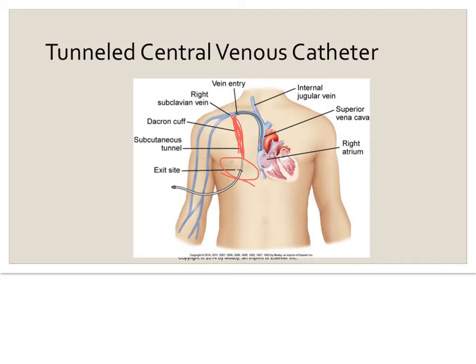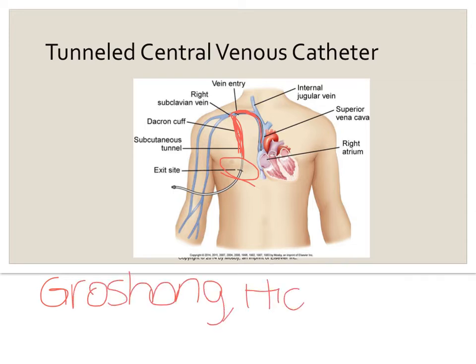So much of the catheter is actually under the skin, and then it actually, in this picture, enters the subclavian vein right here, and then it'll rest just outside this, just in the superior vena cava, outside the right atrium. So you see just a small portion of the catheter, and an example of this particular type of catheter is either what we call a Groshong catheter or a Hickman catheter.